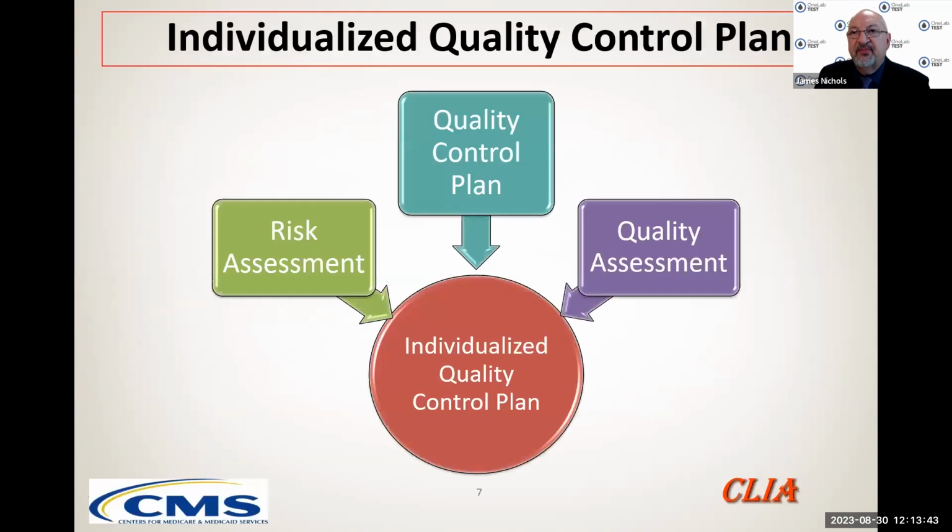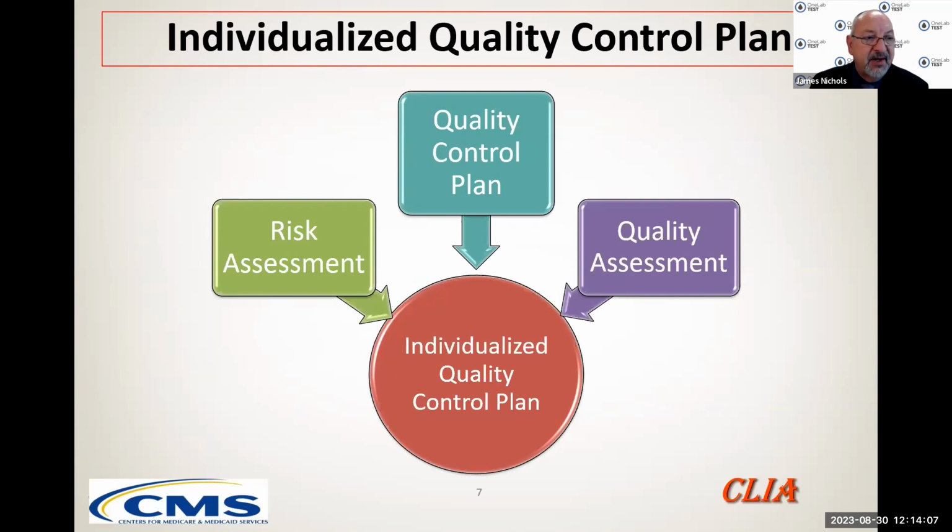So what is an individualized quality control plan, an IQCP? I mentioned its 3 components. First step is to do a risk assessment. What comes out of the risk assessment will be a list of hazards or weaknesses in the testing process, as well as how the laboratory is going to address those weaknesses.